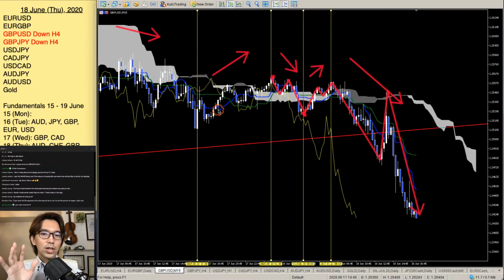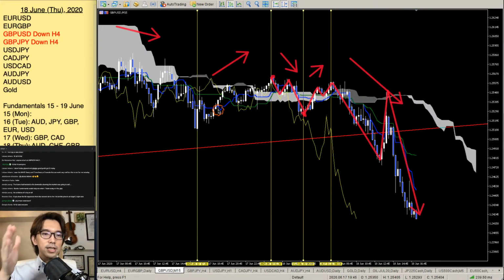You have to be able to count the waves, and once you're able to, you can move on to the next level. You can look at the market combined with those waves, and also start to count the time cycles correctly this way.